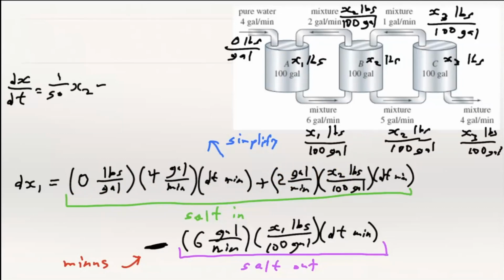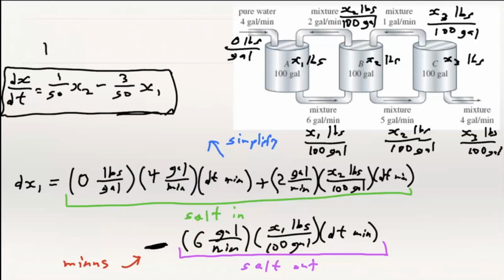And then our salt out was this. 6 over 100 is 3 over 50, and then times x1. And that is our equation 1. And perhaps we should have first done dimensional analysis, made sure it all made sense. And we did indeed get only pounds on the right-hand side, which is the unit of dx1.